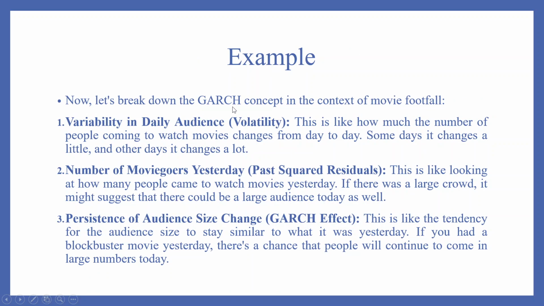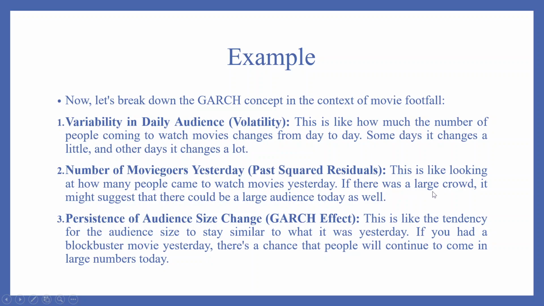Now let's break down the GARCH concept in the context of movie footfall. Variability in daily audience: volatility. This is like how much the number of people coming to watch movies changes from day to day. Some days it changes a little, and other days it changes a lot. Number of moviegoers yesterday. This is like looking at how many people came to watch movies yesterday.